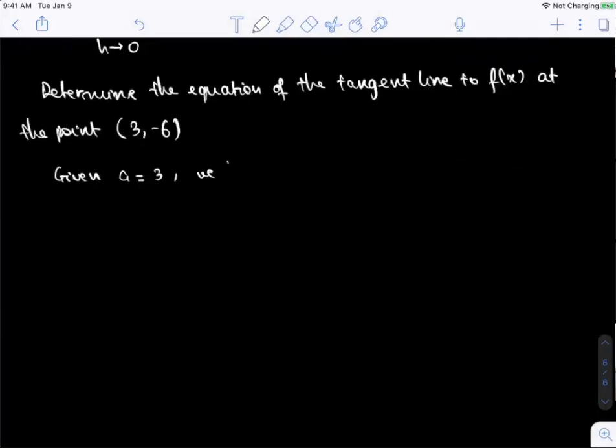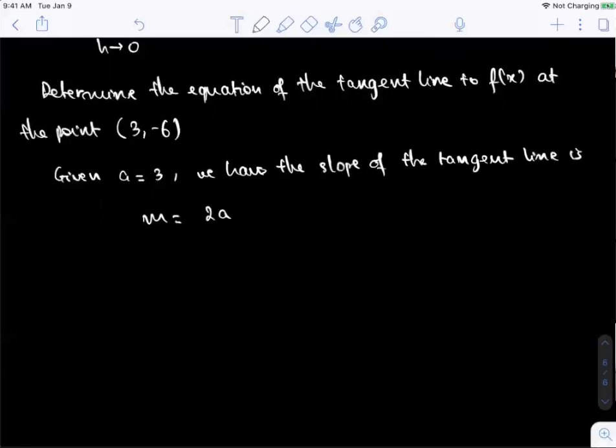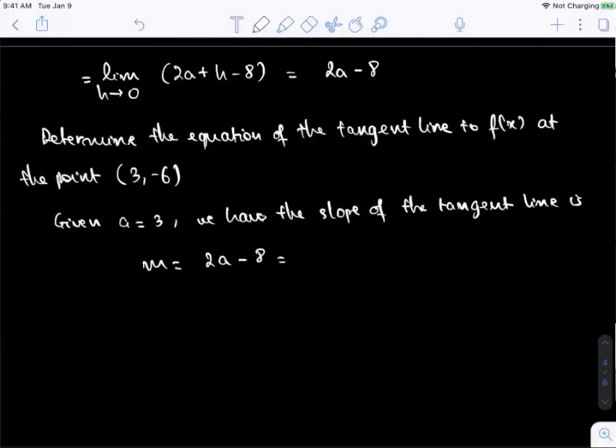We have the slope of the tangent line. So m equals 2a minus 8, or 2 times 3 minus 8, which is negative 2. So negative 2 is the slope of the tangent line.